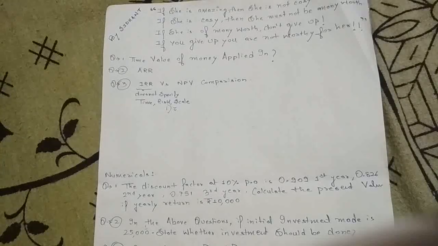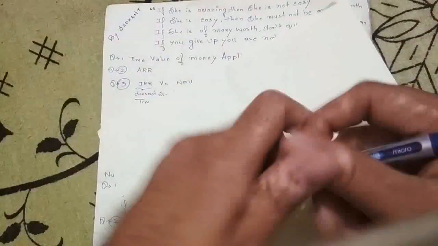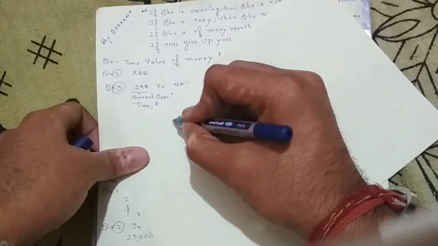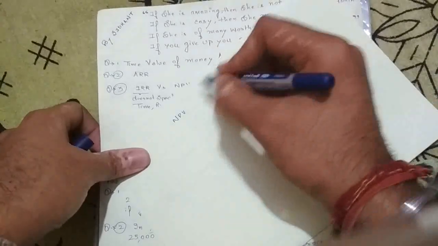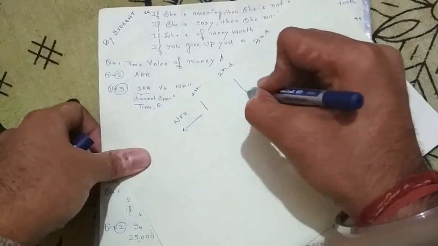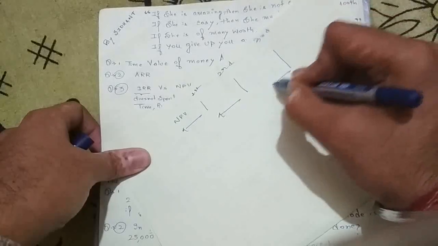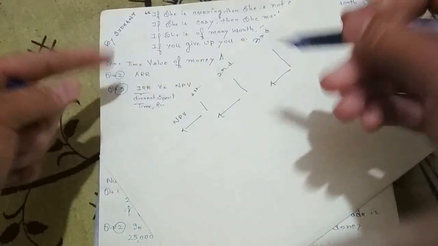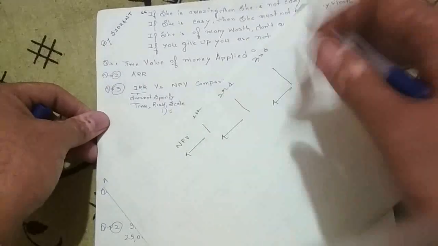So the time value is applied in, as we learned in the last chapter, the net present value. Whatever we are getting in the first year, second year, third year, we have to find the present value of all these. So we are taking time into concern, and time value means the present value of all the times.